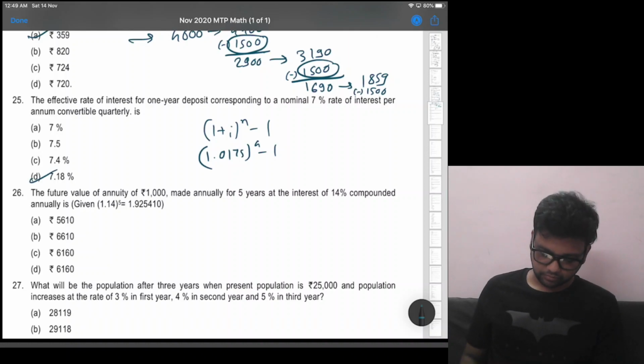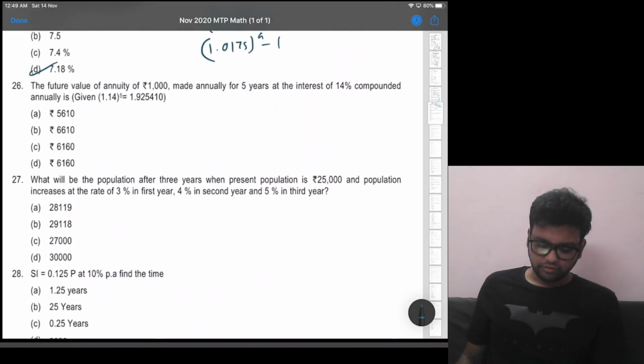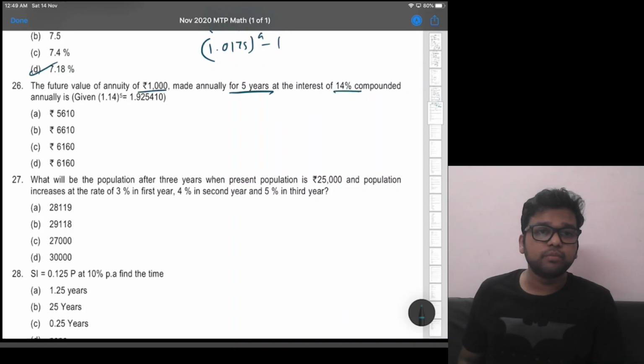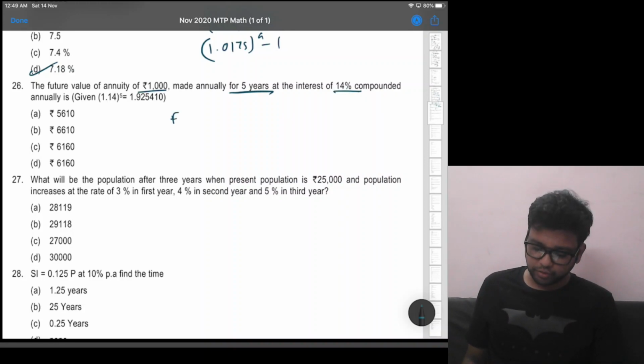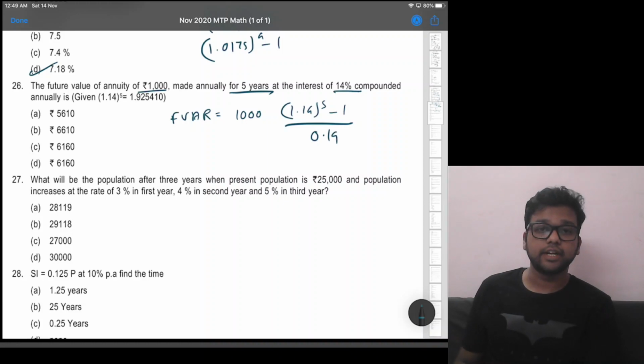Okay. 26th. Future value. Okay, simple. Directly future value is asked. 1000 made annually for 5 years at interest rate of 14% compounded annually. What is formula of future value of annuity regular? Annuity into 1 plus i raised to n minus 1 upon i. Right.